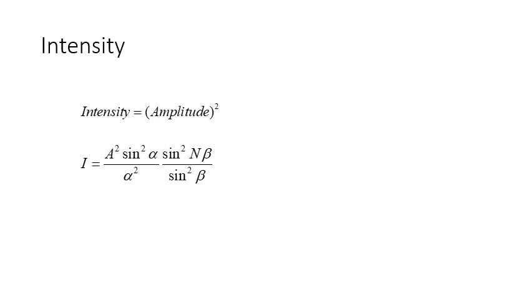So the intensity I is equal to a square sine square alpha divided by alpha square into sine square n beta divided by sine square beta. So we have two terms in the intensity expression.